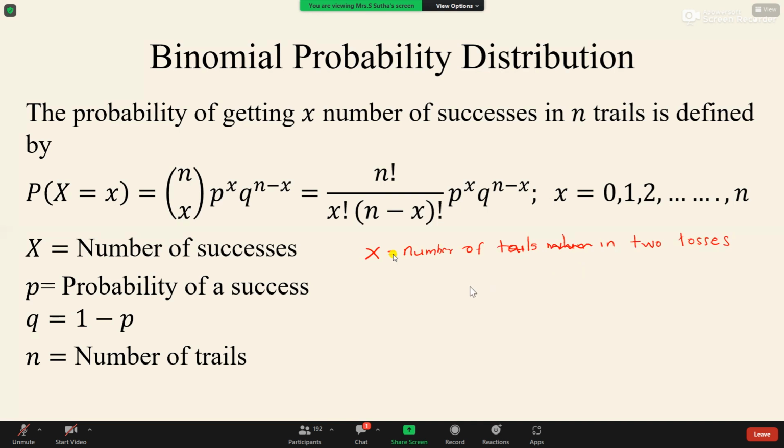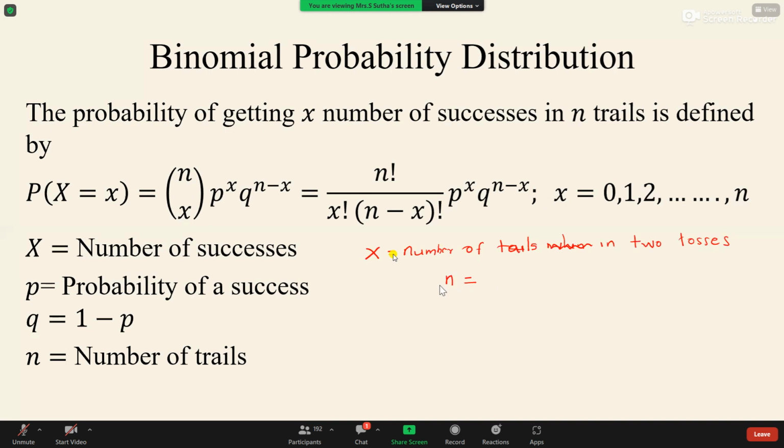Right. So here n: how many trials did we consider? N is equal to how much in this random variable? Anyone, unmute your mic and say, what is n? Value for n? Anyone? N is equal to?